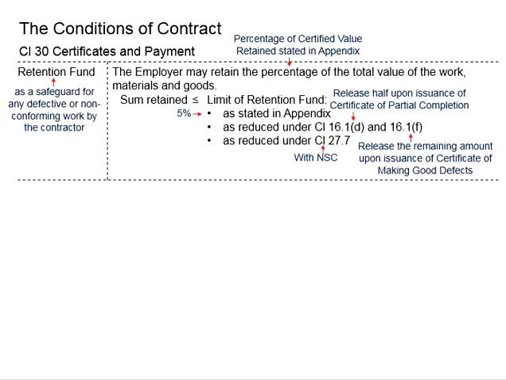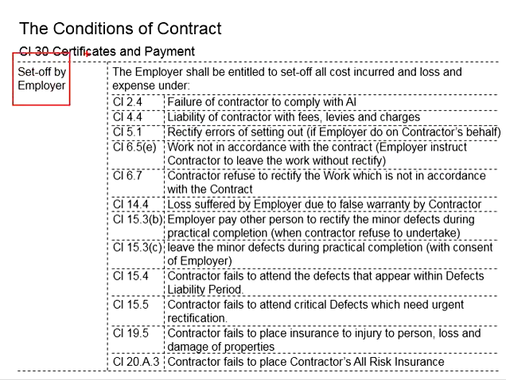Bear in mind that this retention fund is different from the set off that we have mentioned previously. The set off here is normally related to the contractor not being able to fulfill his obligations and often reluctant to rectify it, which as a result leads to loss and expenses to the employer.